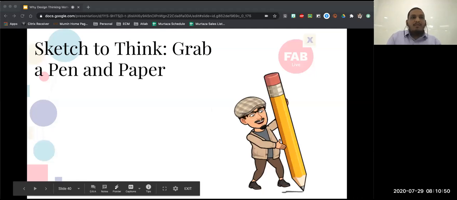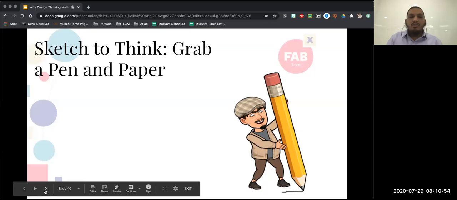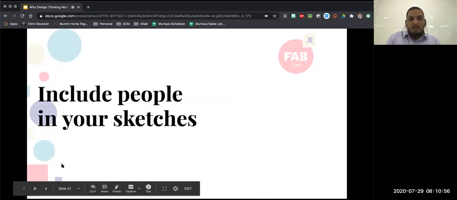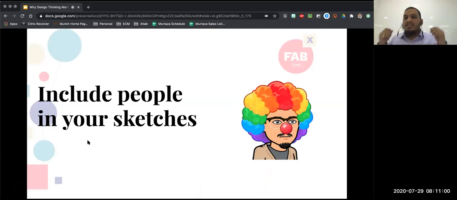I'll take more after the second part of this activity. You all have done the first part, making a quick sketch note. Now I want you to take your sketch note and include some people in your sketches. Try to include some simple stick figures with a face, and try to include some humor in your design, something to make your design more engaging and enjoyable.